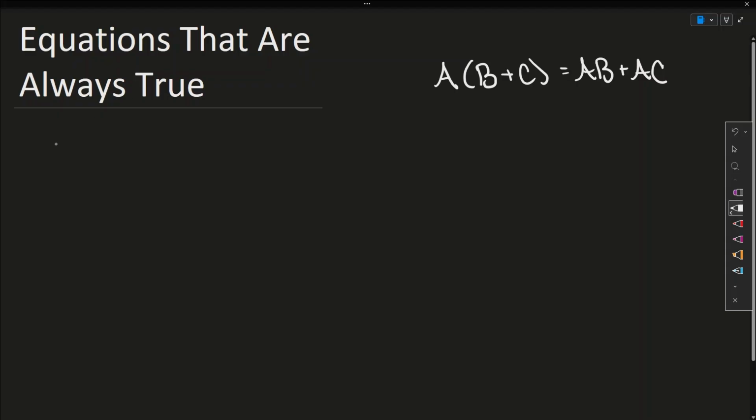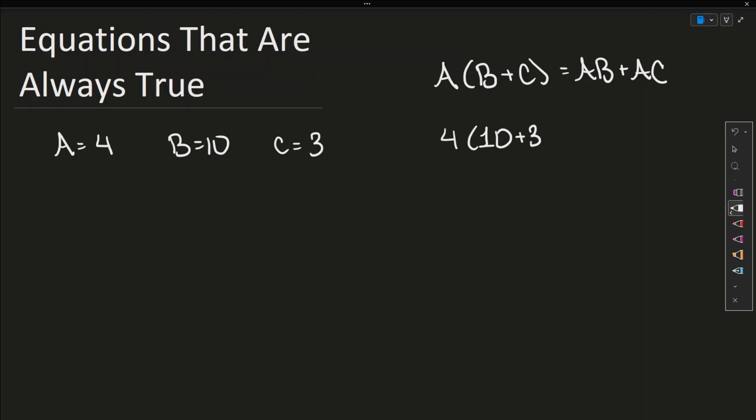For example, if A is equal to 4, B is equal to 10, and C is equal to 3, then the left side, we have 4 times (10 plus 3), which is the same thing as 4 times 13, or 52.